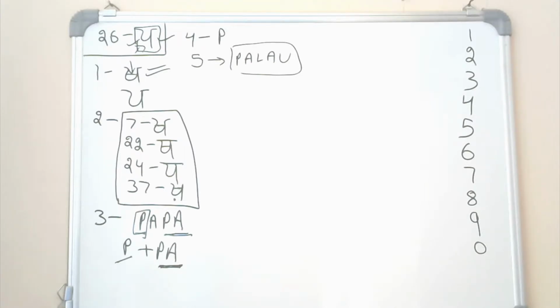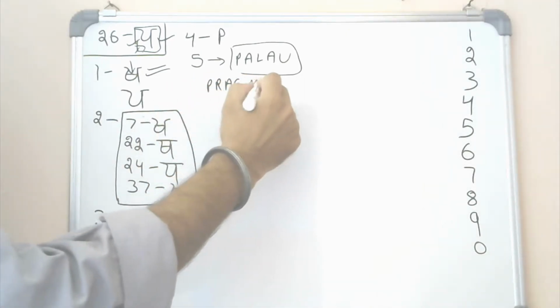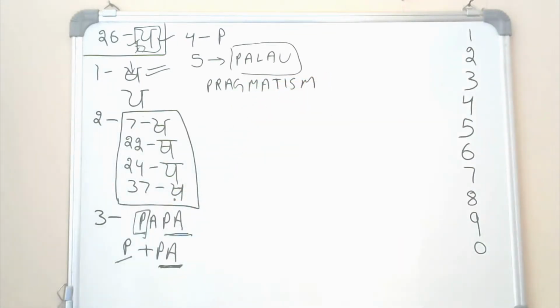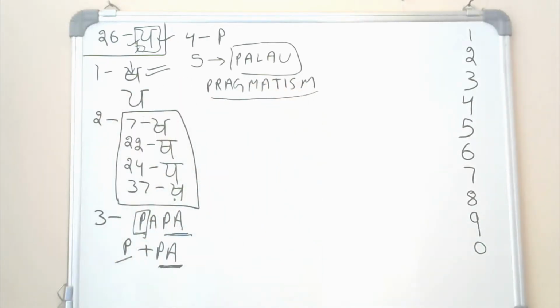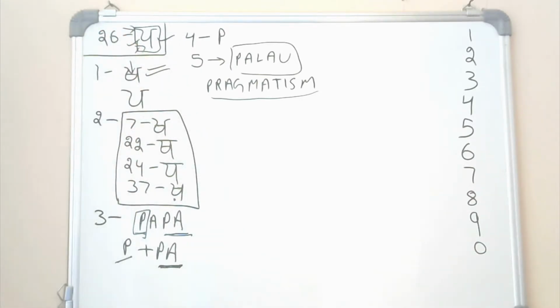Apart from Palau, the other example that I can have is pragmatism. Here again, if I'm going to use this word in Punjabi, then I will be using this letter without attaching any symbols.